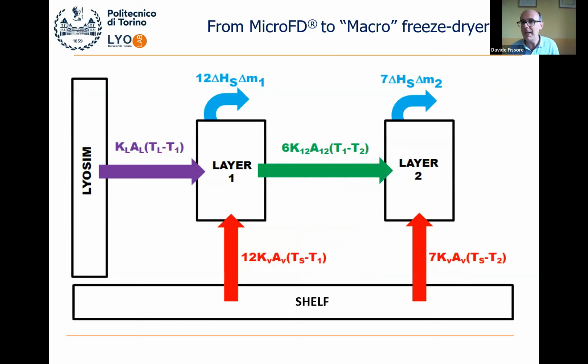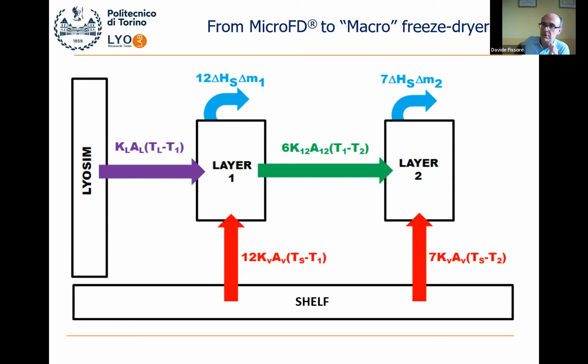But we may again make some modeling of this system. So we may group central vials into what is called in this slide layer 2, the other vials in layer 1. Vials in layer 2 receive heat from the shelf, from the other vials of the batch, and there is a heat leaving these vials related to ice sublimation.